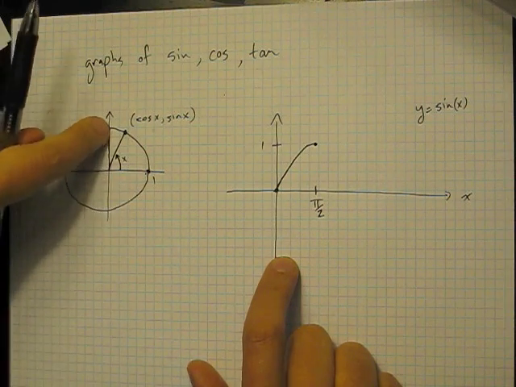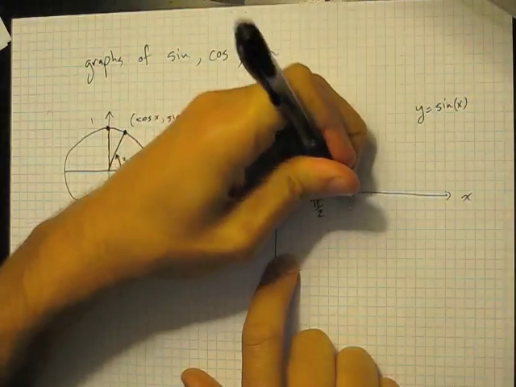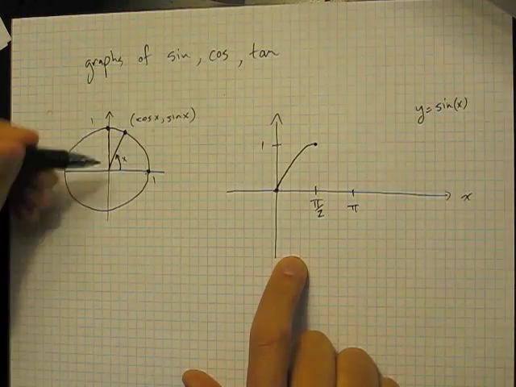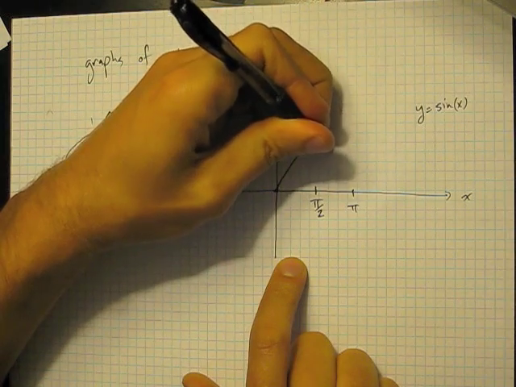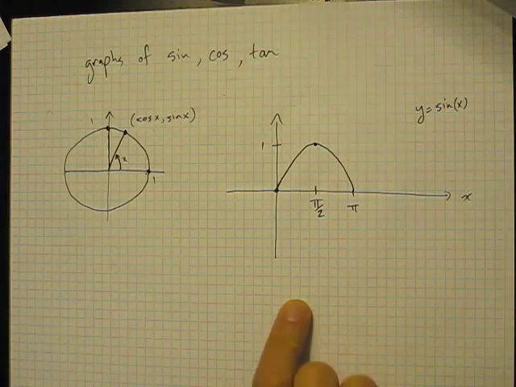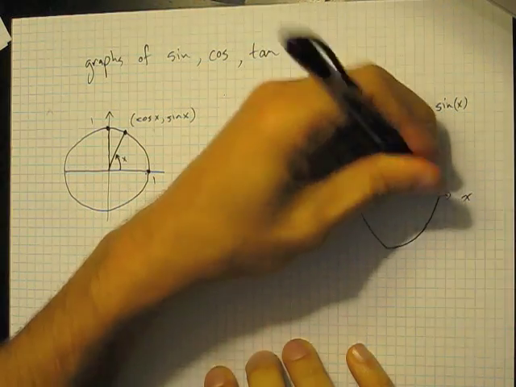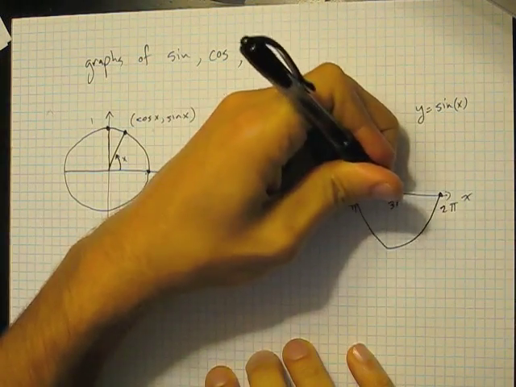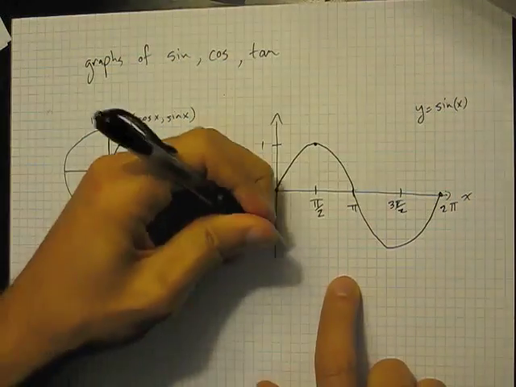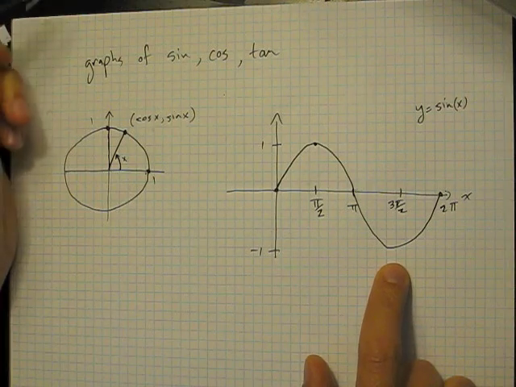Now what happens after that, as this point gets dragged down to pi, there's pi, the y-coordinate decreases again back to 0. And so we get that, okay? And the same thing holds, you have to go once around the circle for this to happen. This is 3 pi over 2, and this right here is minus 1. So this is the graph of y equals sine of x.